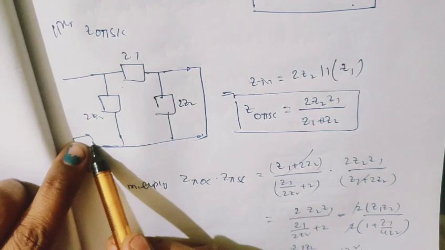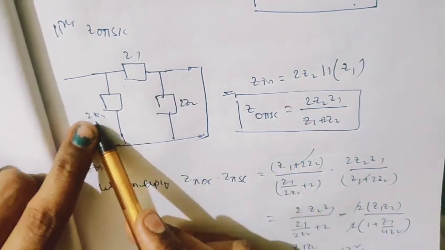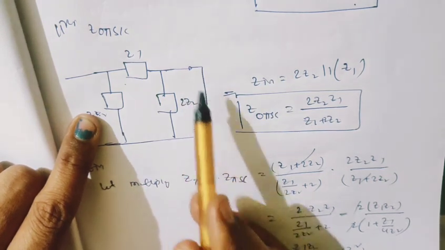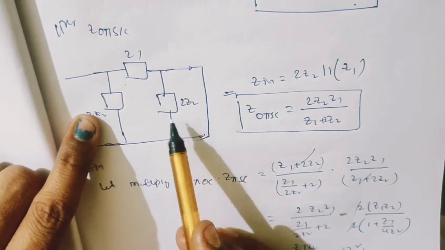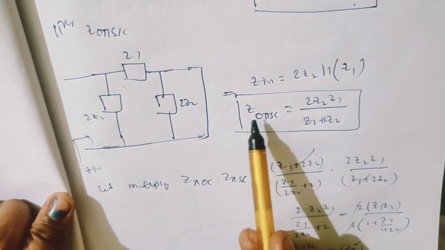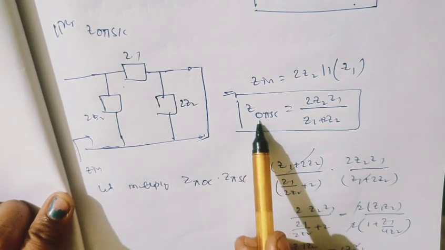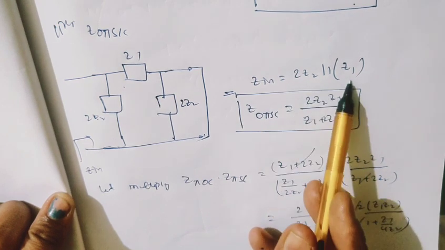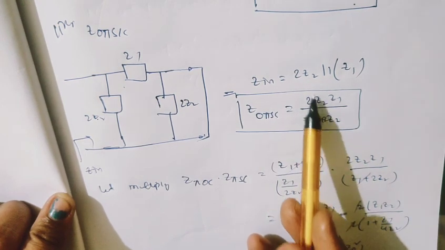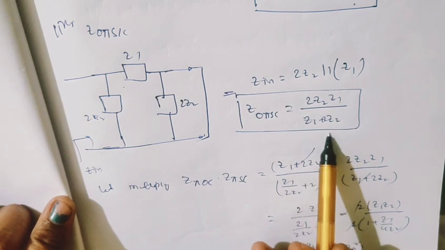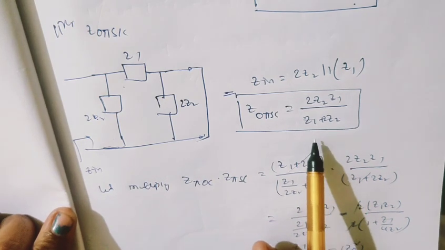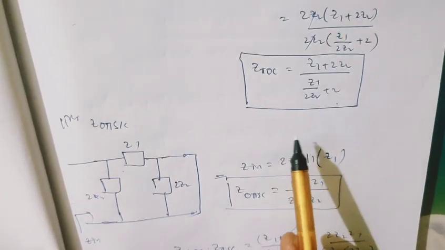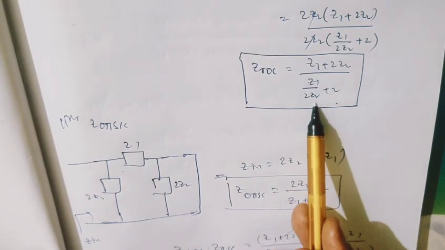The input impedance is equal to 2Z2 in parallel with the Z1 value, because the second port is short circuited, so we don't consider this value here. Therefore Z0, the impedance of the short circuited pi section, should be equal to 2Z2 in parallel with Z1, which gives you 2Z2 Z1 by Z1 plus Z2. So this is your short circuited impedance value, and this is your open circuited impedance value.